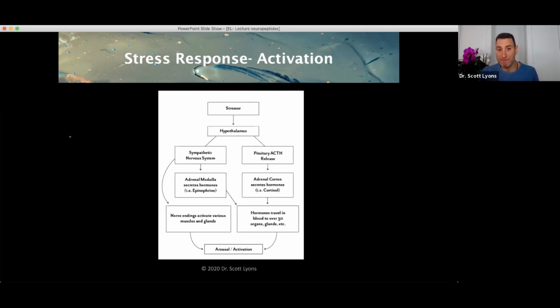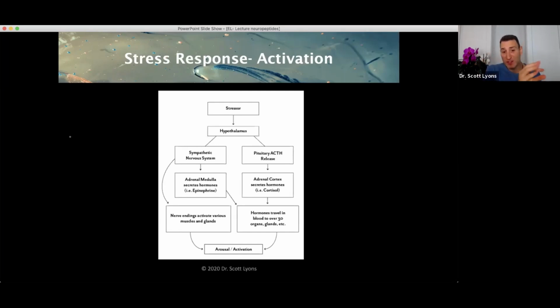On the sympathetic nervous system side, we have a chain response that will stimulate the adrenal medulla, another area of the kidney, which secretes other hormones like epinephrine. Again, we'll get into more detail about cortisol and epinephrine in just a few minutes.